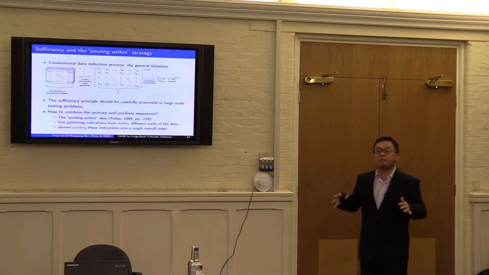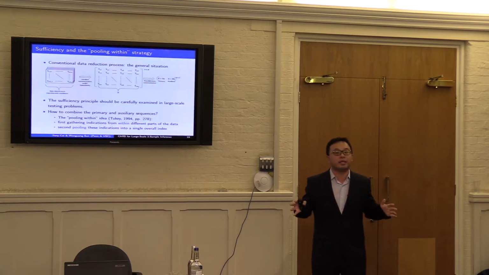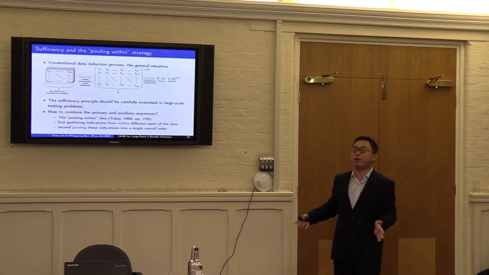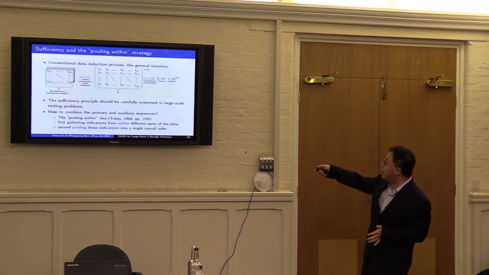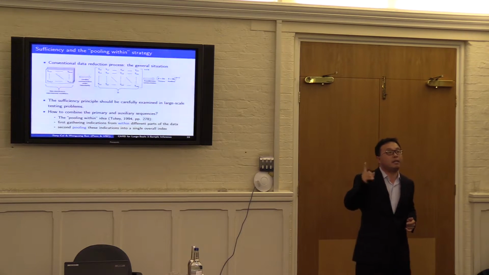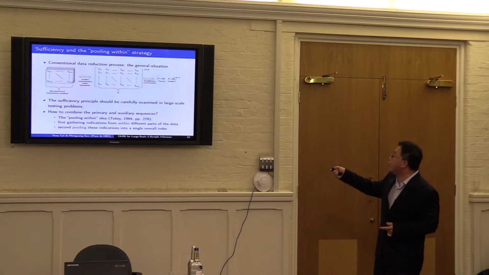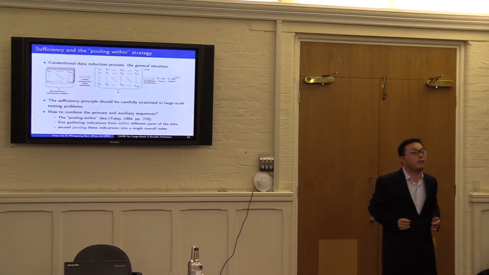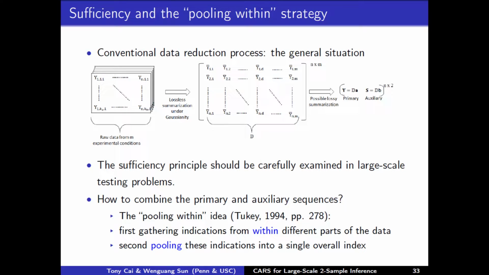For example, in multiple testing, you are interested in making inference about the sparsity structure. And the sparsity structure is contained not only in the main column Y, but also in the auxiliary column S. So that's the first important message.